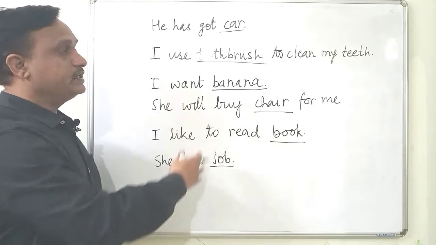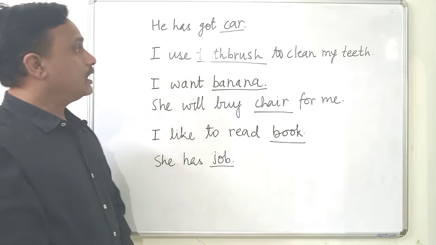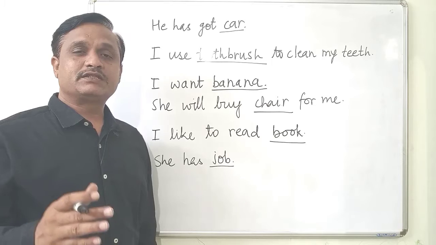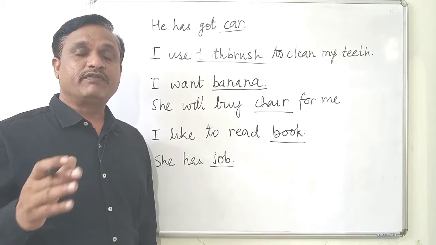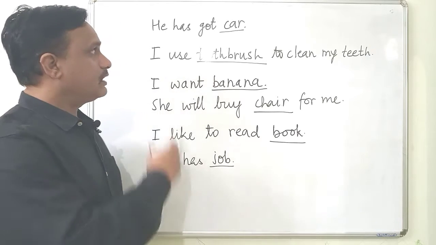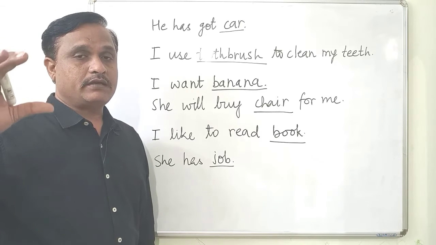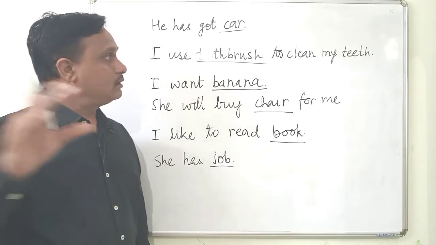Now think of these underlined words: car, toothbrush, banana, chair, book, job. You get different images before your eyes. Car, you get an image of a car, and that's a common car.